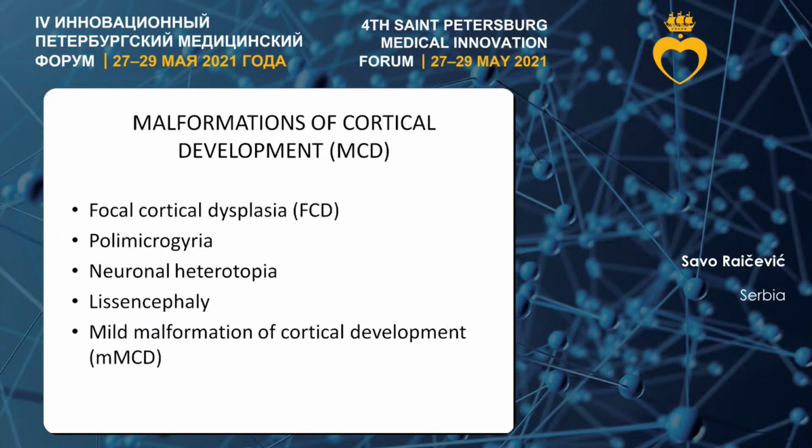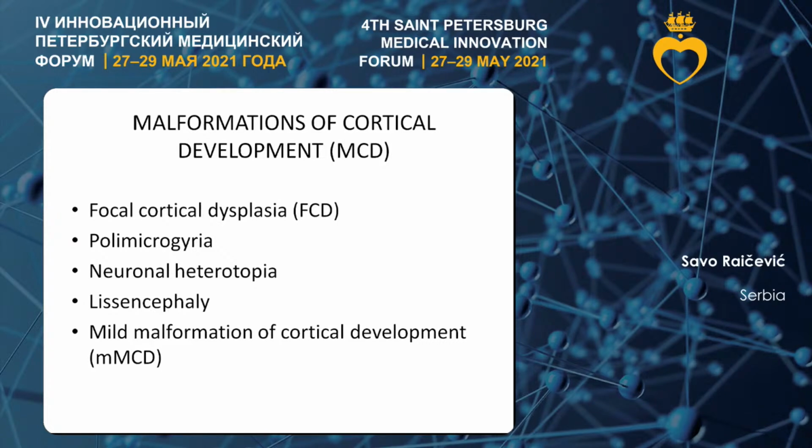Malformations of cortical development are the other big category of lesions seen in patients with focal pharmacoresistant epilepsy that are candidates for surgical treatment. This term covers a wide spectrum of developmental anomalies in the cortex that have different pathogenesis.